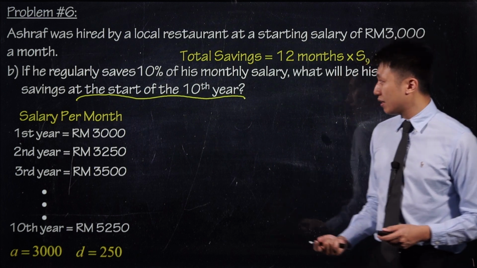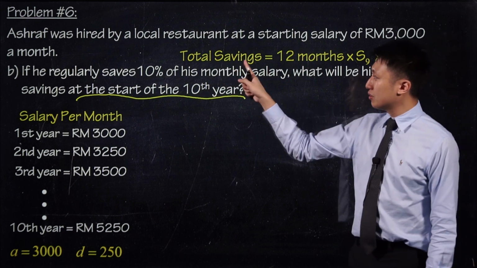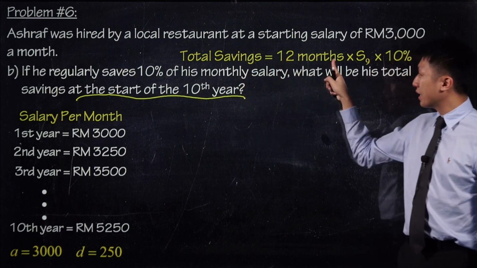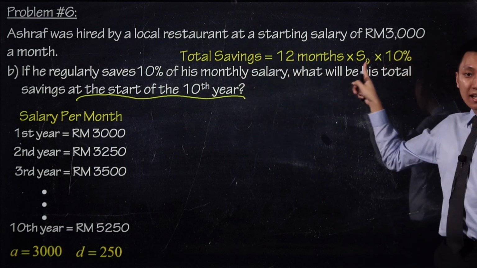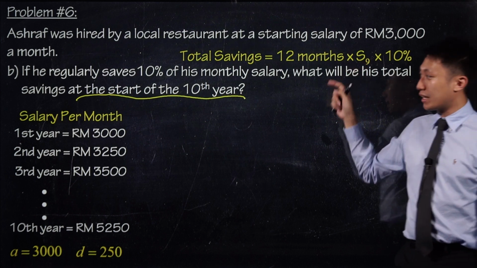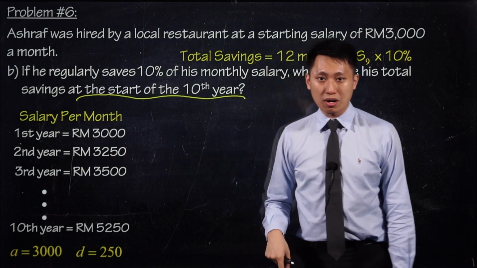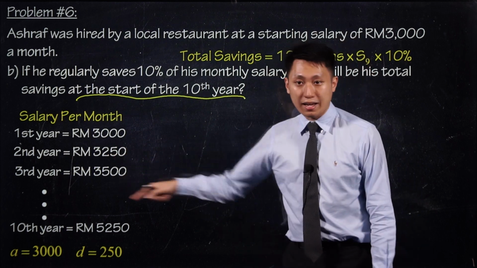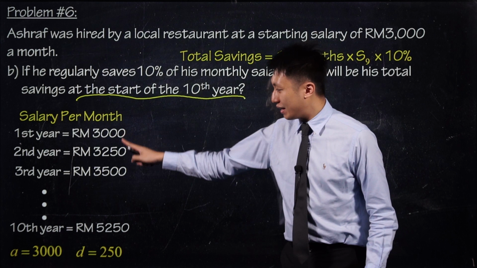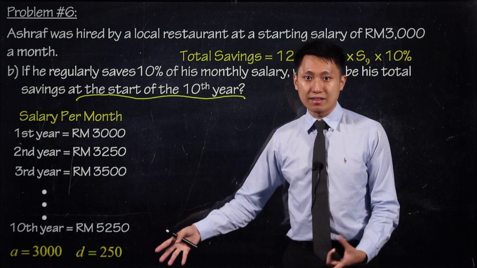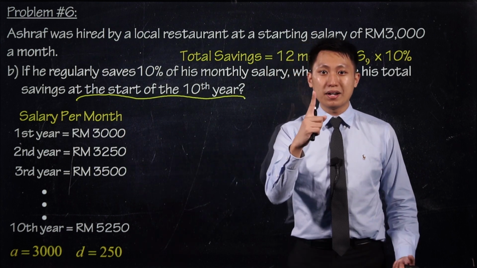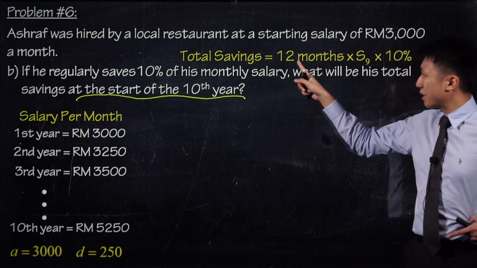So do you agree that the total savings here will be 12 months times S9? S9 means this year I get 3,000, next year I get 3,250, then 3,500, so I add this up until the 9th year. But that is only 1 month, so you have to multiply by 12.